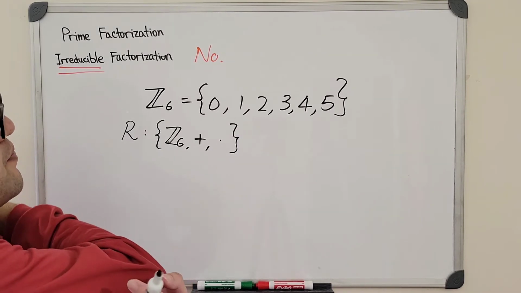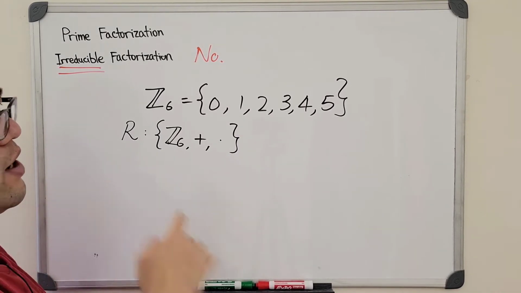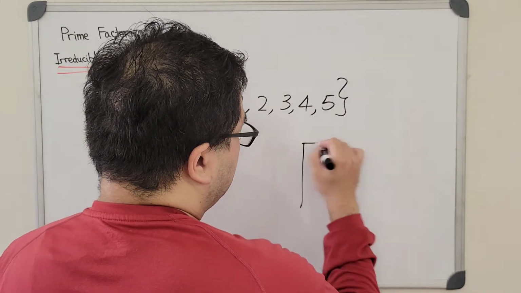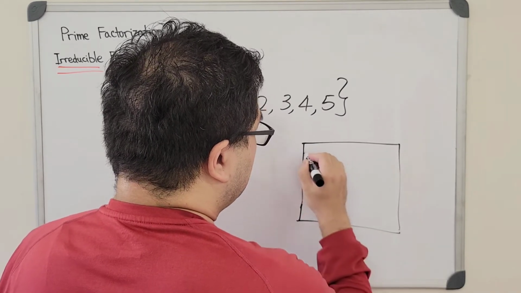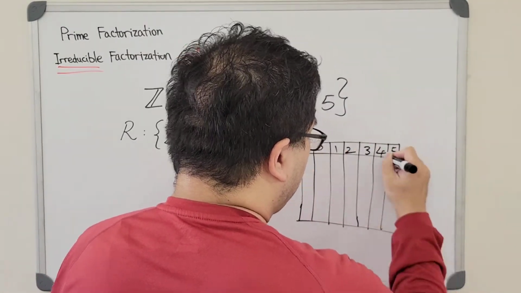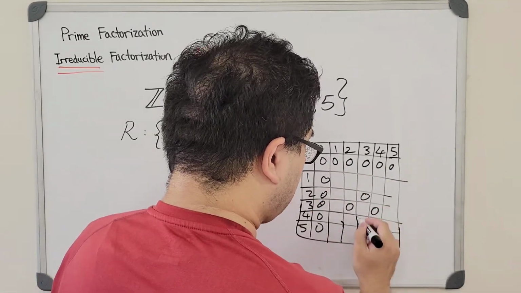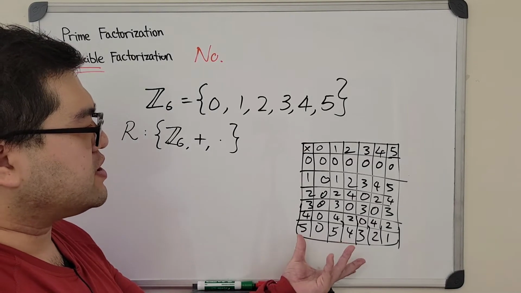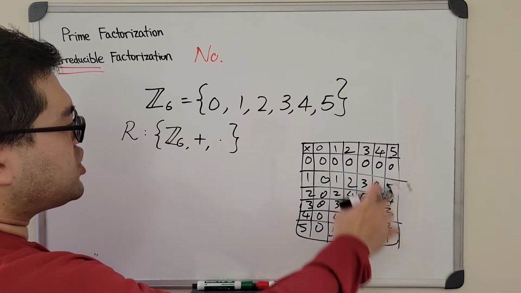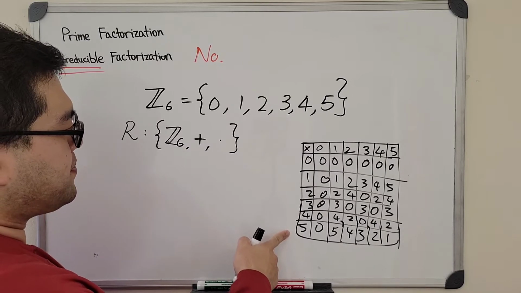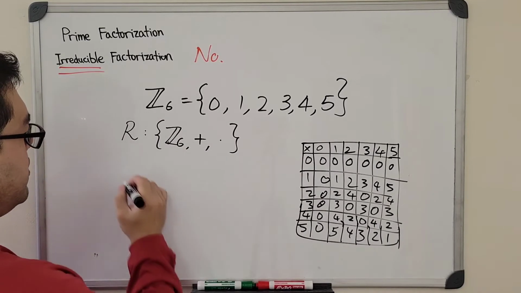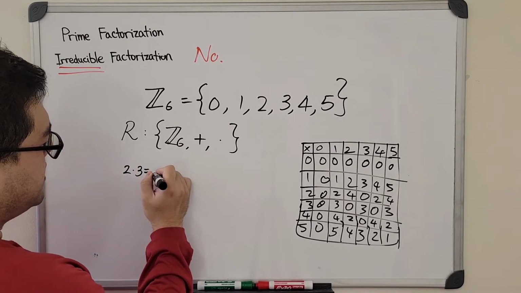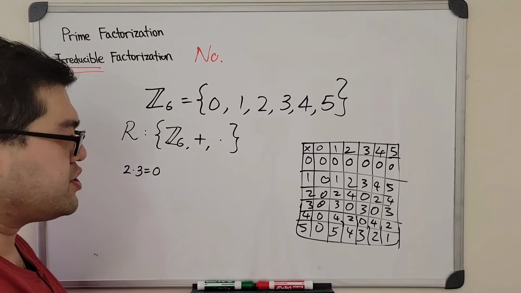So in this case, we can get our Cayley table, or multiplication table, on the right hand side here. And if we look at this table, we would get something such as 2 times 3 is equal to 6, which is equal to 0 in our situation.